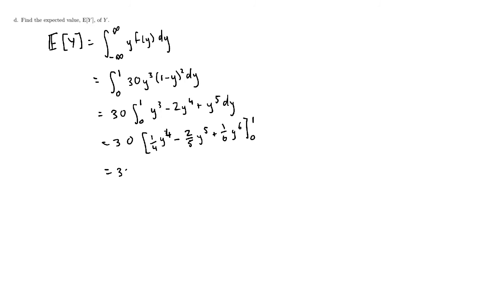So we can sub in that 1, which will give us a quarter minus 2/5 plus 1/6, and the 0 will give us zeros. And this will simplify to be a half.